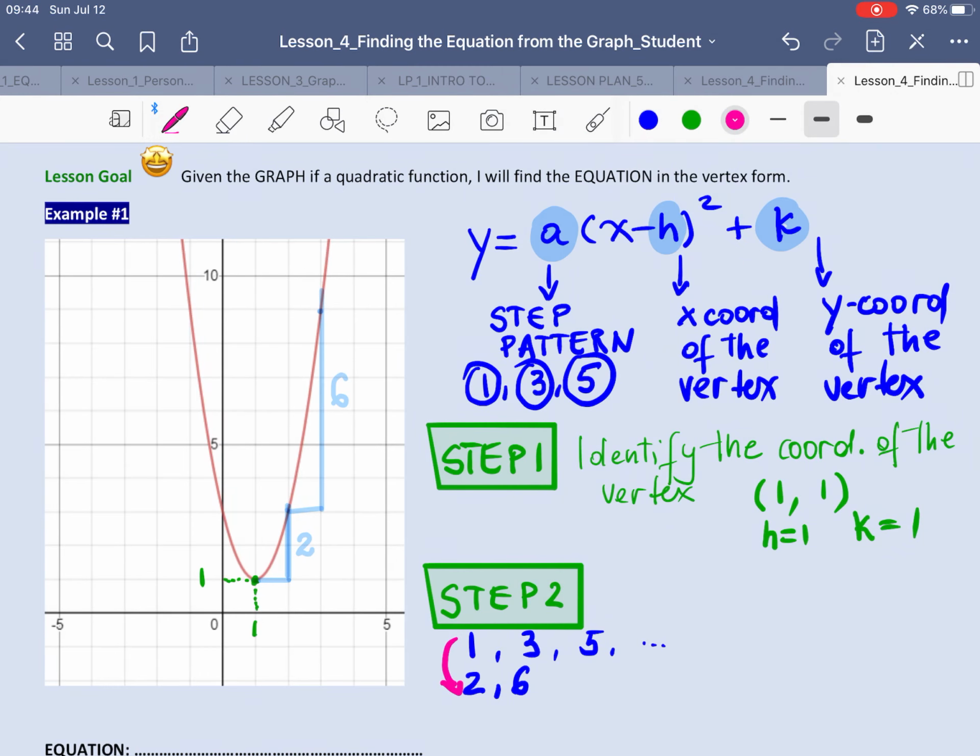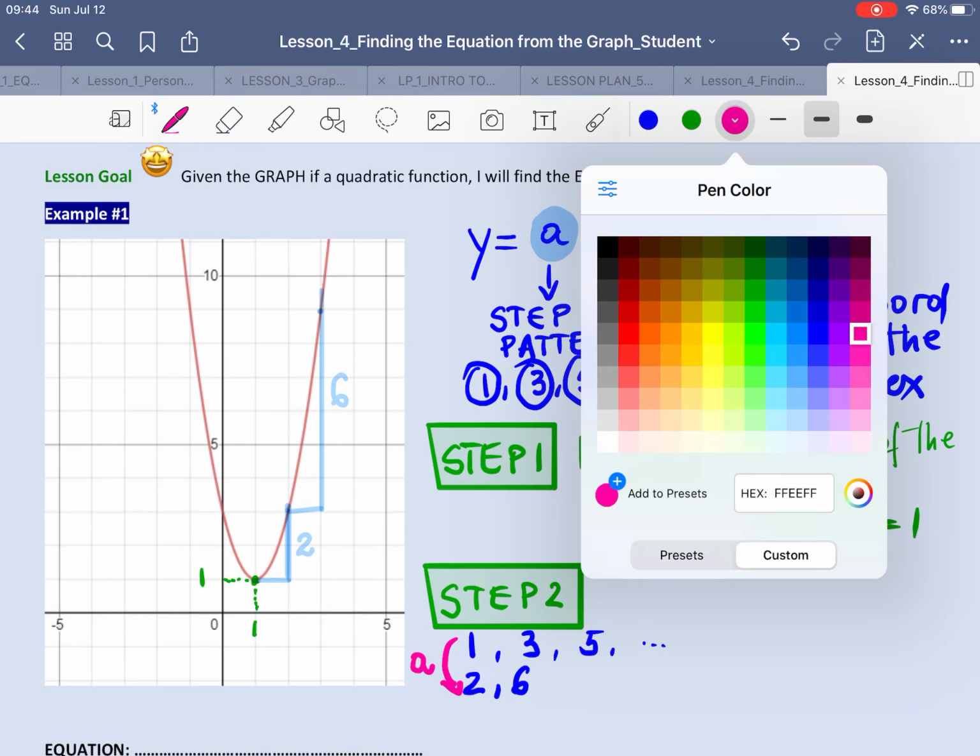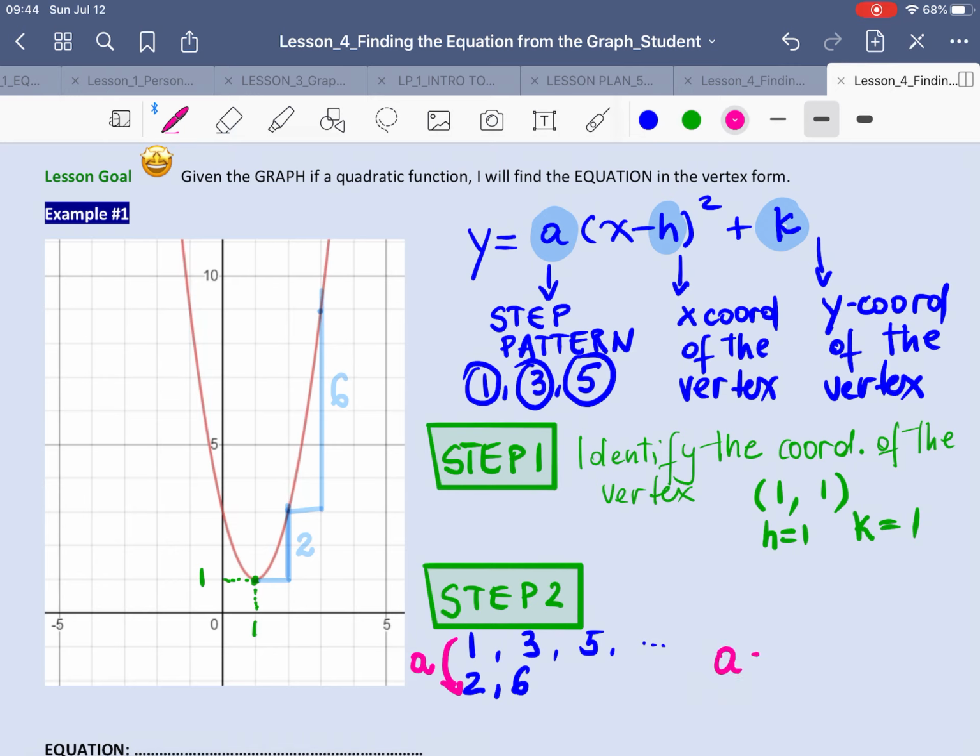So what number do we multiply 1 by to get 2, 3 to get 6, and so on? We get consistently the same coefficient, so the coefficient a in this case equals positive 2.